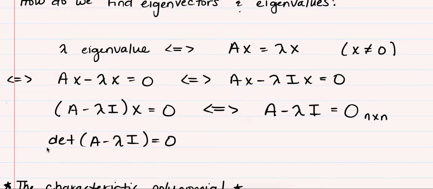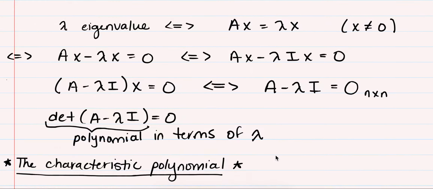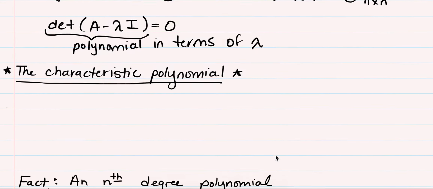This expression here, this determinant, is actually a polynomial in terms of lambda. And this polynomial is called the characteristic polynomial.